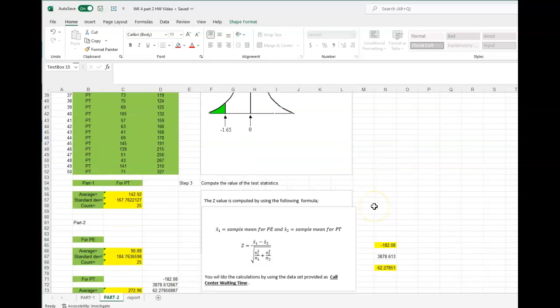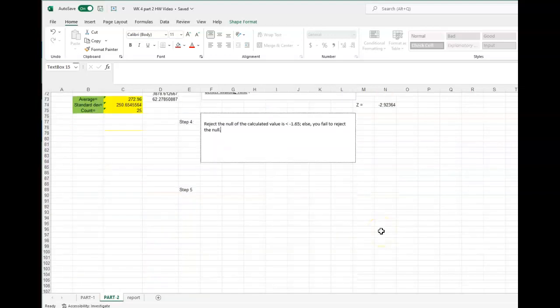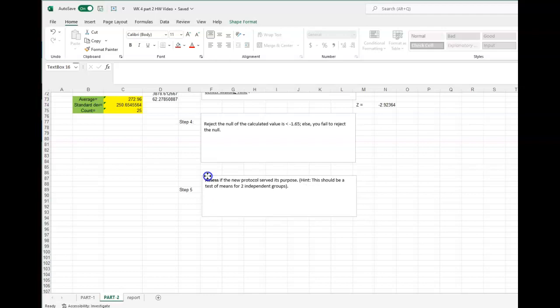If you fail to reject the null, you're going to assume null is true. But if you reject the null, you're going to conclude that alternative is true. Whatever your decision is, you're going to draw a conclusion: assess if the new protocol has served its purpose.